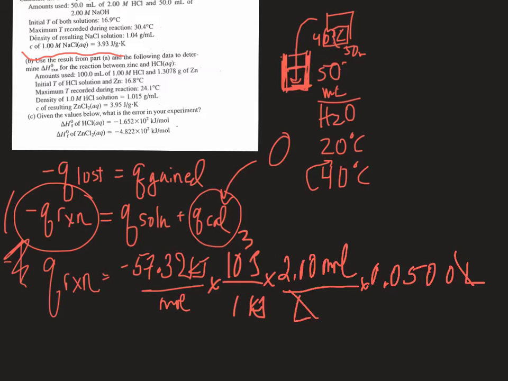Now, because they run out at the same time, there's no limiting reagent. If there was a limiting reagent, that's the moles we'd be using right now. But either one is fine because they run out at the same time. So, what we find by setting it up like this, Q reaction is equal to negative 5732 joules.